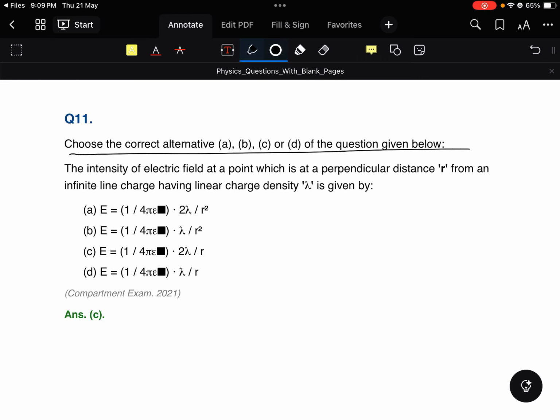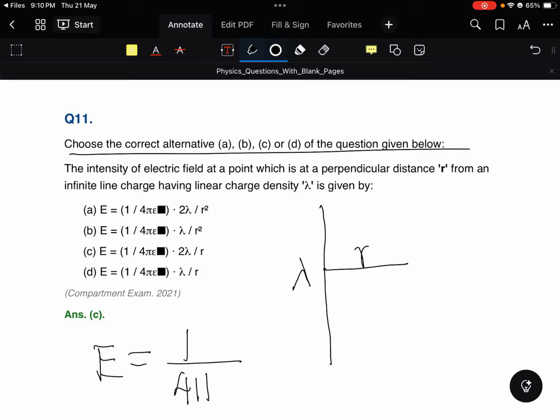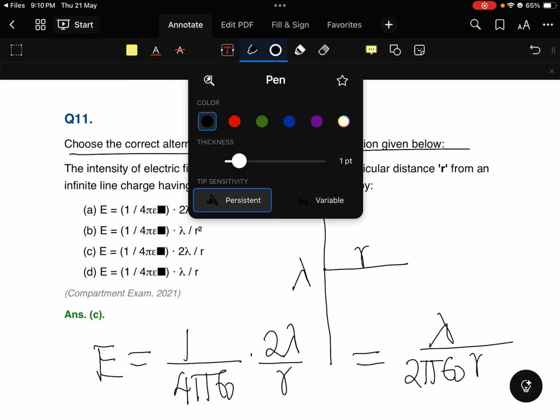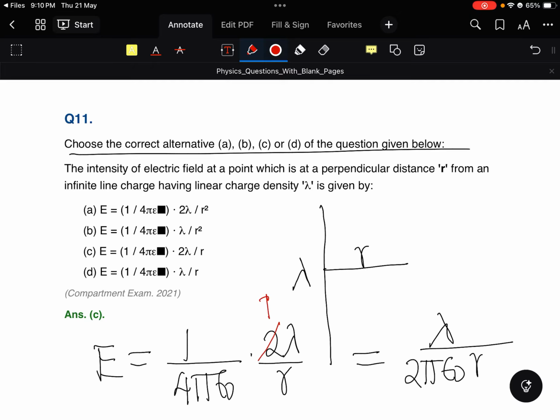You can see here the intensity of electric field at a point which is at a perpendicular distance R from an infinite line charge. What is the formula of electric intensity due to an infinite line charge? If the linear charge density is lambda and the point is at a distance R, we know it is 1 upon 4 pi epsilon naught into 2 lambda upon R, and sometimes we also write it as lambda upon 2 pi epsilon naught R. You cancel the 2s here.